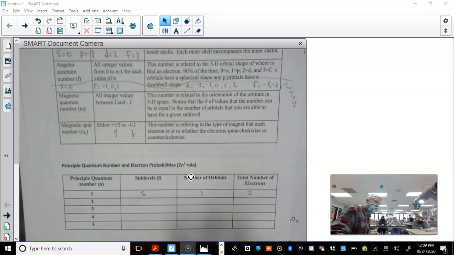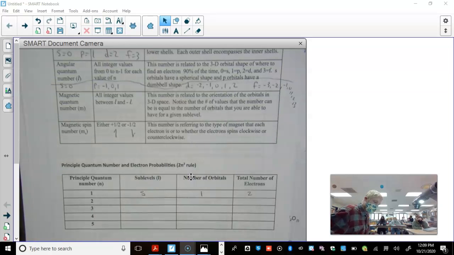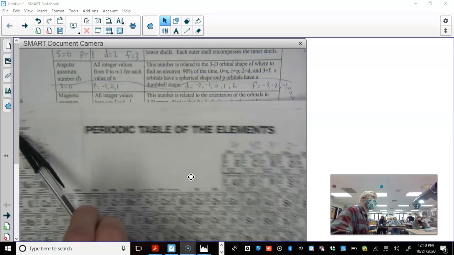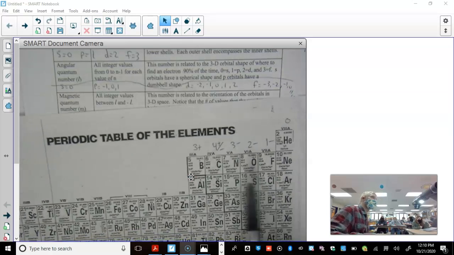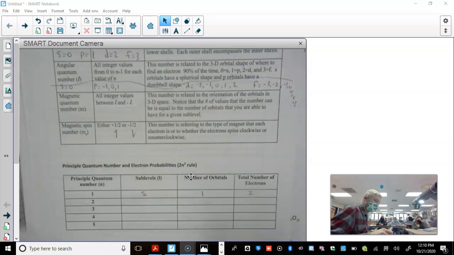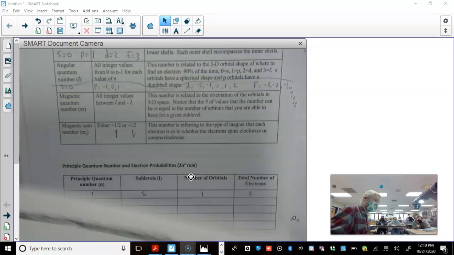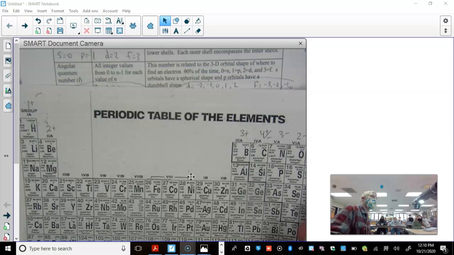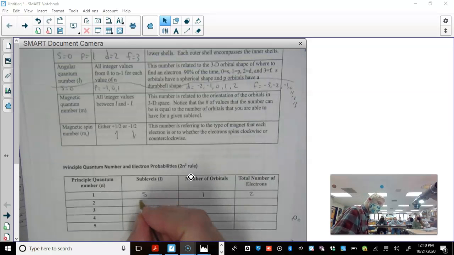To fill in this chart here, it might be helpful to use a periodic table. Quantum number 1 relates to the first row, and in the first row you just have 1S. You don't have 1P, no such thing. So you can only have S. But in the second row you can have 2S and 2P.